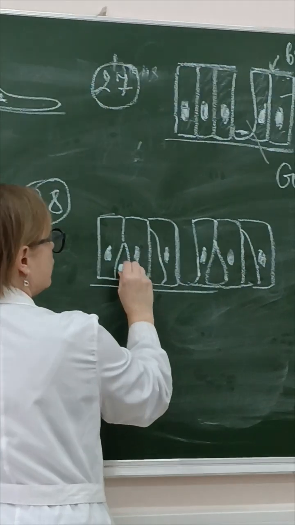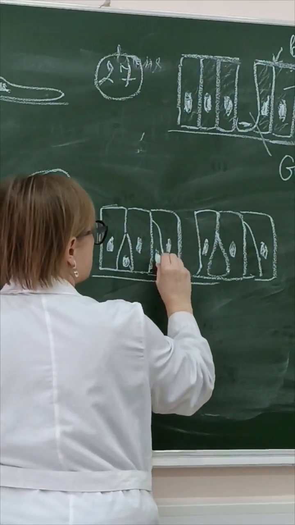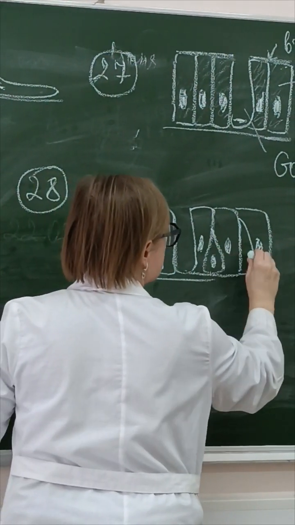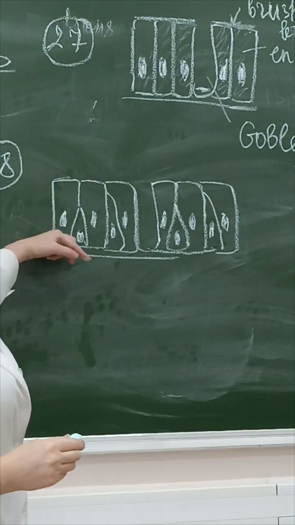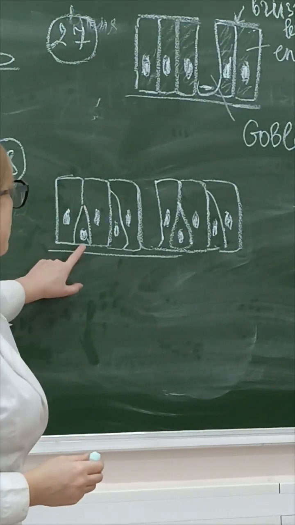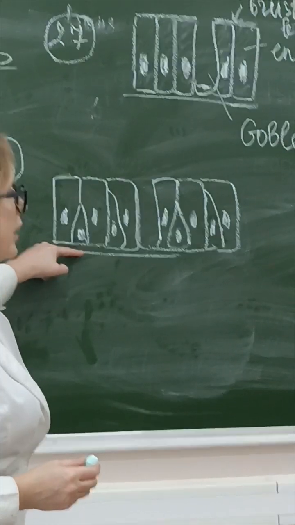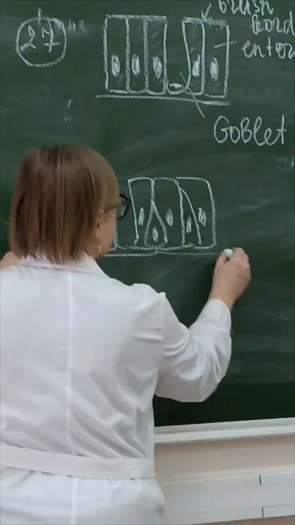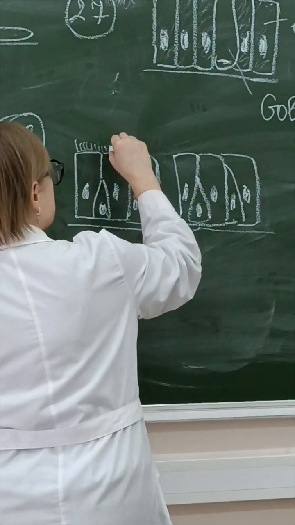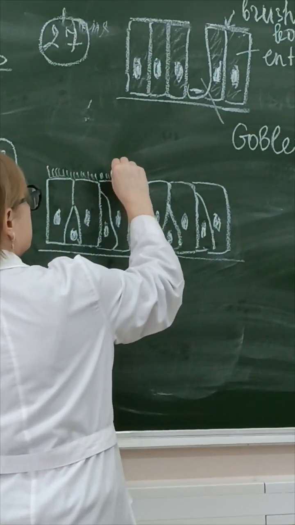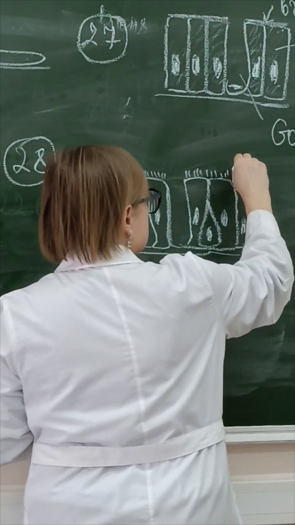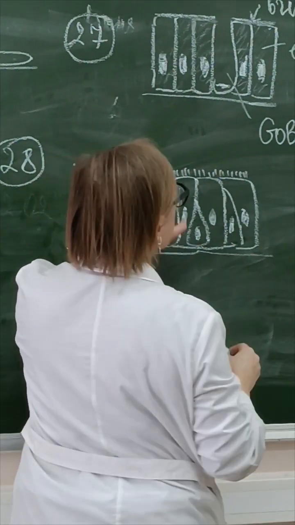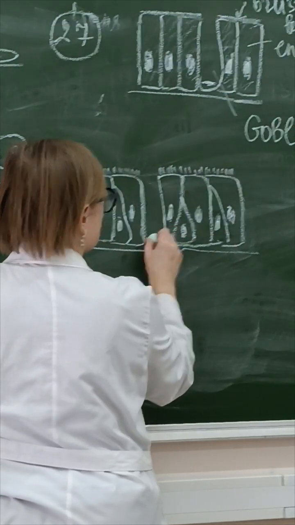A lower cell has nuclei lower, maybe this, yes? That's why we demonstrate several rows of nuclei, but all these cells have contact with the basement membrane. And on the surface we can find cilia, except only one cell. Again, we can see here a goblet cell.